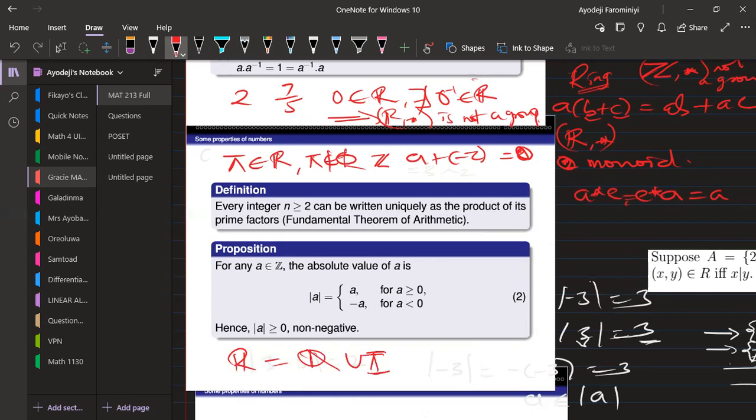There are uncountably, infinitely many real numbers that are not rational numbers. They are the irrational numbers. Between any two rational numbers, there are infinitely many irrational numbers.